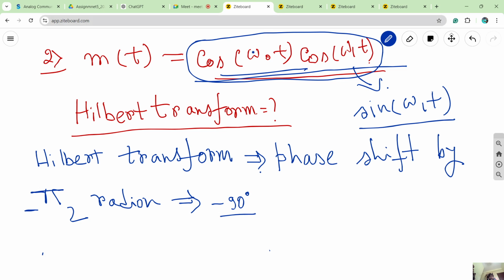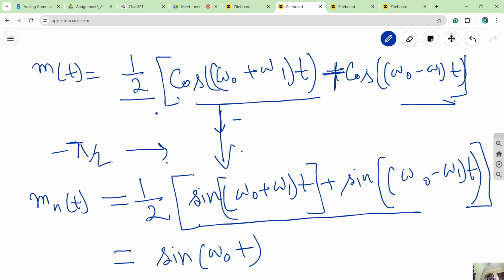So again, we had a formula cos of A cos of B, then we represented it in an additive format, cos of A plus B, cos of A minus B. Then we applied minus pi by 2 phase shift.